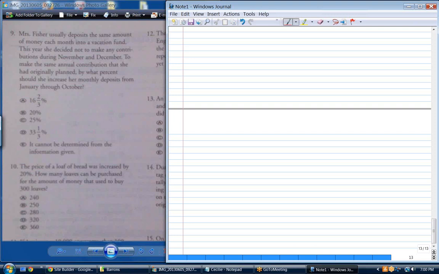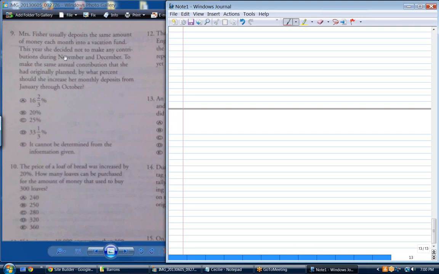Well, I mean, so 12 months is equal to 100%, right? Yeah, but notice they didn't tell us any numbers here.